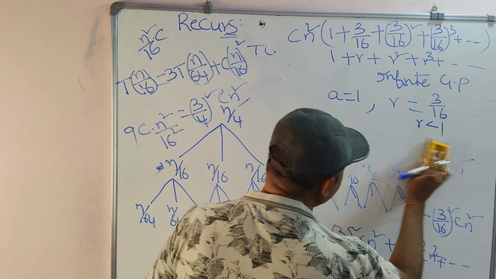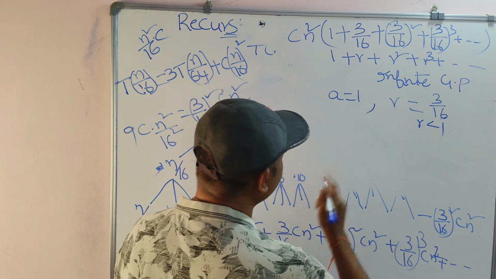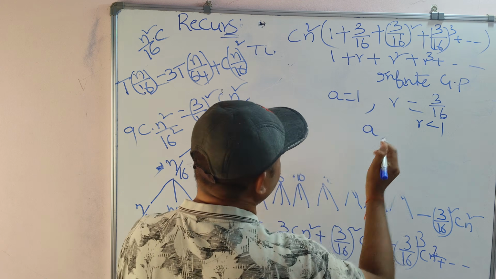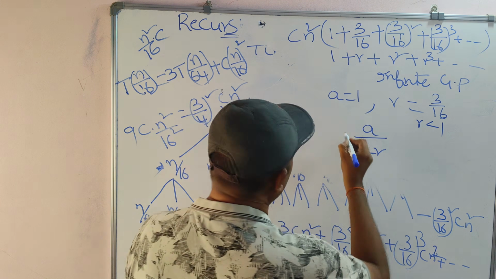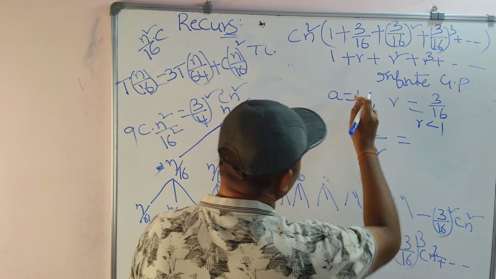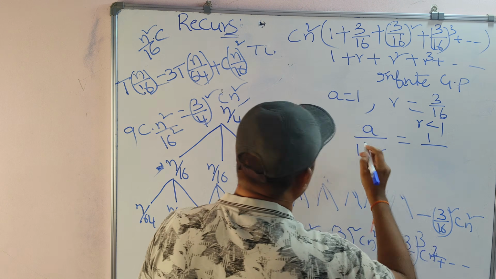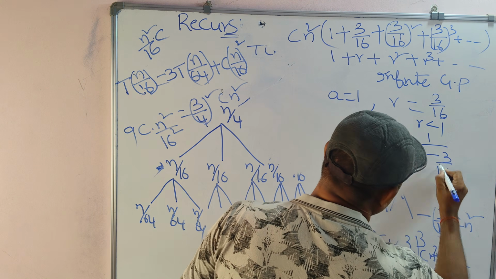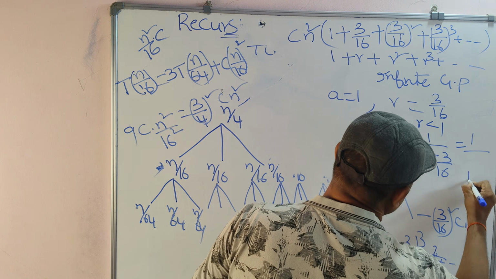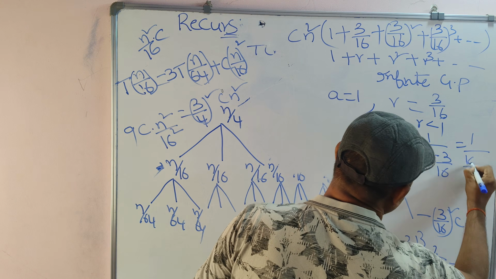If R is less than 1, the formula for the infinite geometric progression sum is A/(1 − R). Here A is 1, and 1 − R means 1 − 3/16, so 16 is common: (16 − 3)/16 = 13/16.